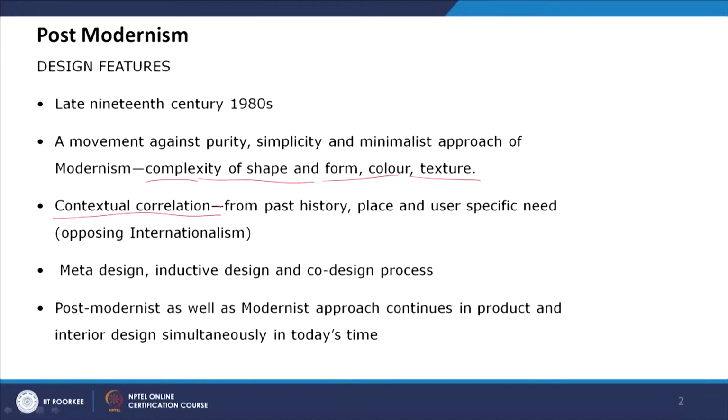Contextual correlation was not there in the internationalist movement. One particular style had to be established in each and every context, and could be amalgamated within any context. That was there in the Farnsworth House and the Johnson House in the internationalist movement.